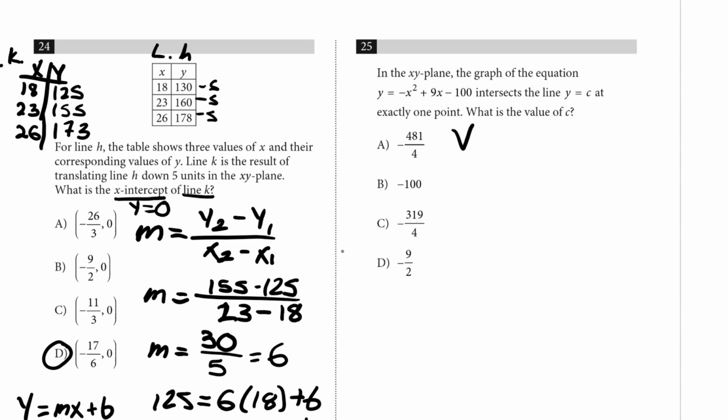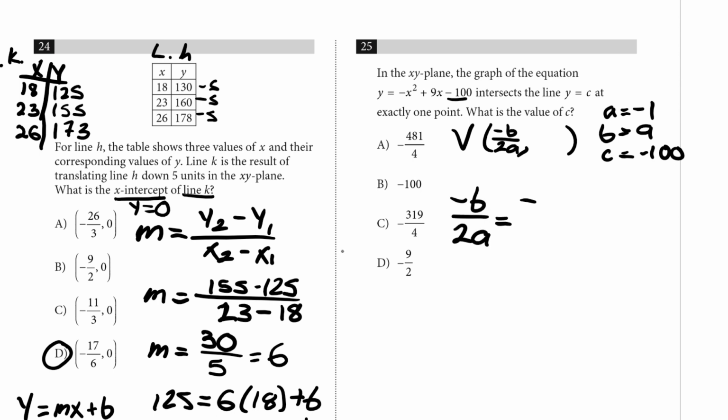In order to find the vertex, first we need to find the x value, which is negative b over 2a, where a is the number in front of x squared, negative 1, b is the number in front of x, which is 9, and c is the number by itself, negative 100. Negative b over 2a is going to be negative 9 over 2 times negative 1, which is 9 over 2. That's the x value of our vertex.